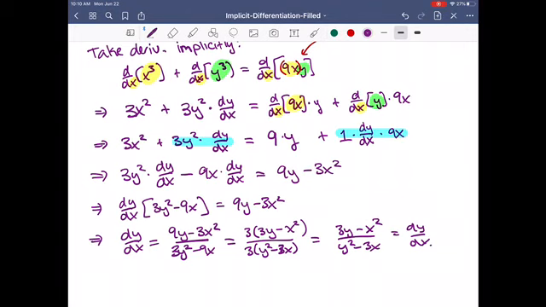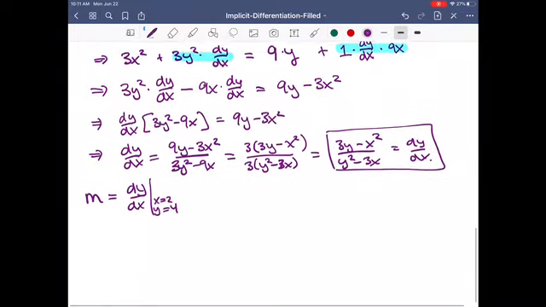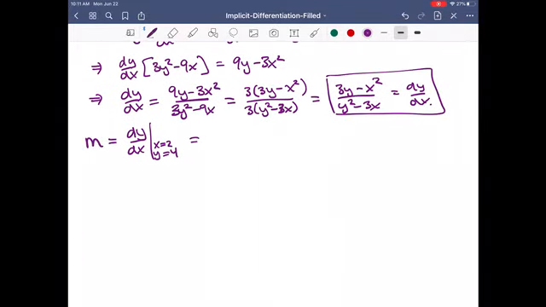So there is my derivative. Now, the slope was the derivative evaluated when x is 2 and y is 4, right? That's our point, 2, 4. So I plug in both of those. 4 for y, so I have 3 times 4, and 2 for x, minus 2 squared.